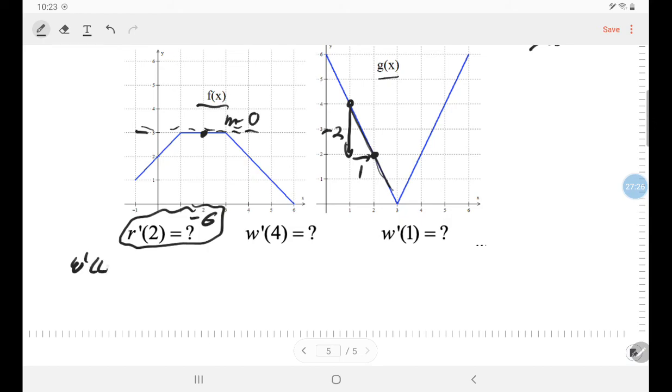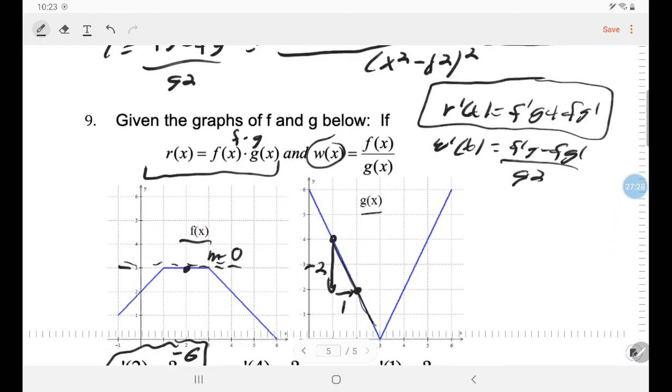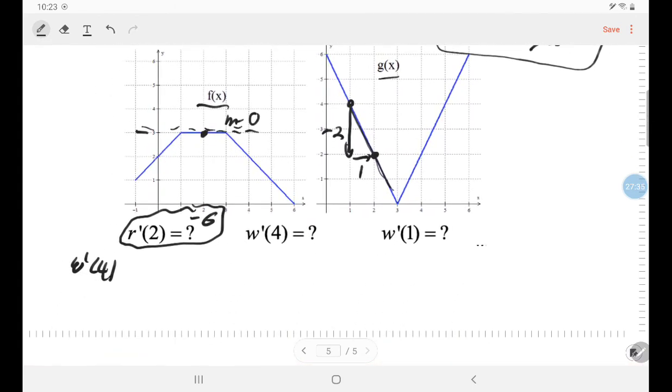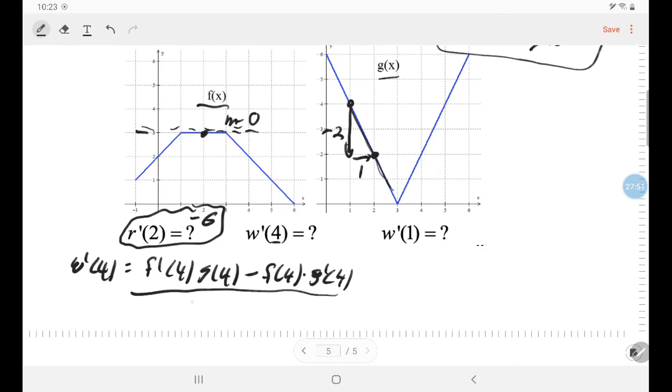W prime of 4. Again, W prime was my quotient rule. F prime g minus f g prime over g squared. So I'm going to have f prime of 4 times g of 4 minus f of 4 g prime of 4 all over g of 4 squared.